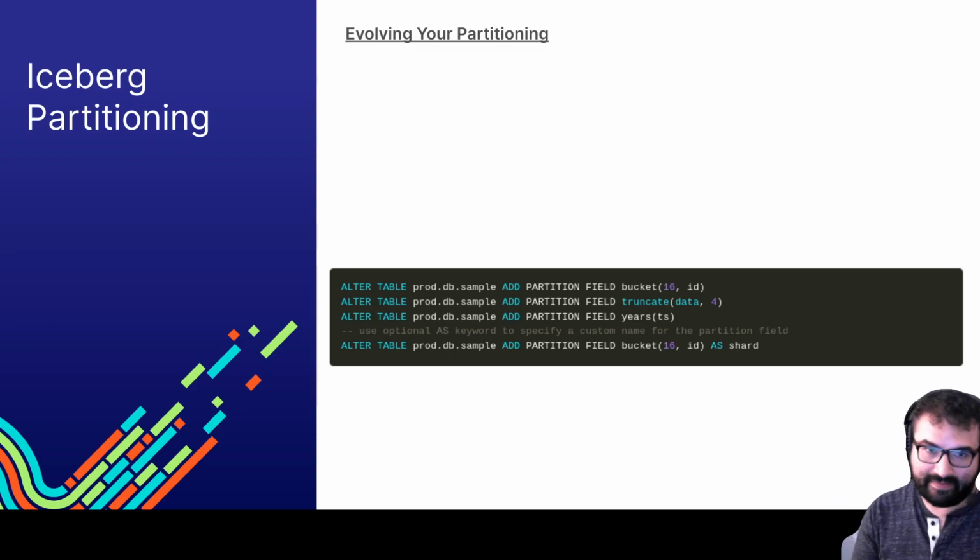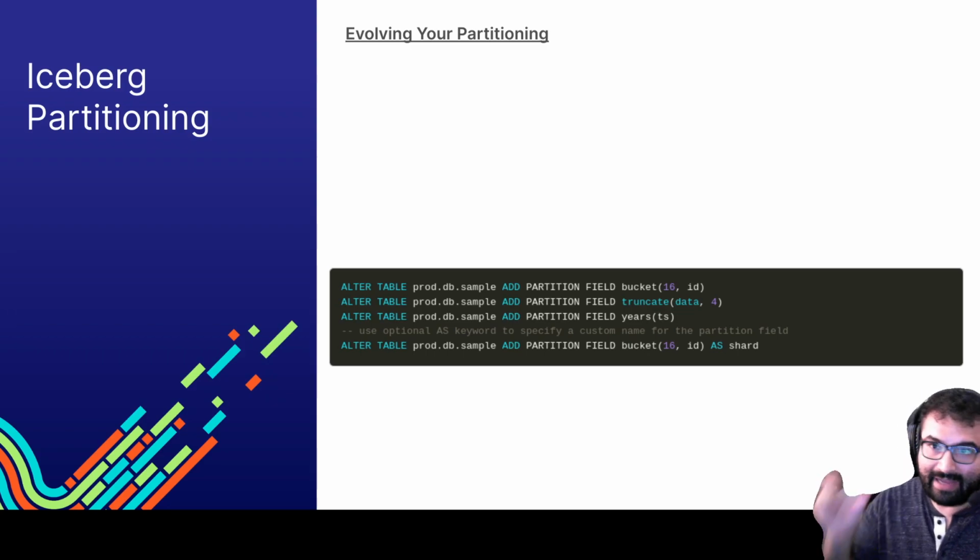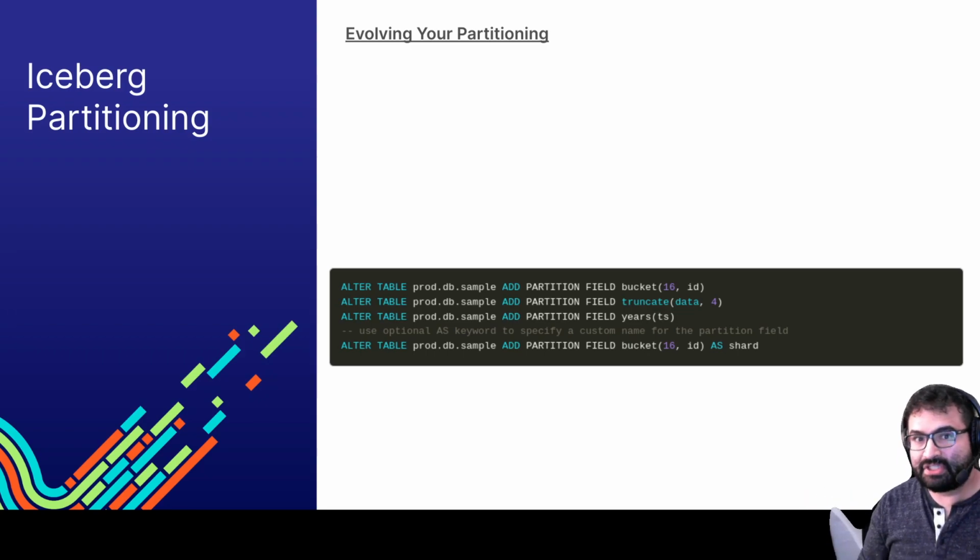In the metadata files, you're tracking ranges of partition values. So instead of tracking, let's say one file has 10,000 records, I don't have to track a partition column with 10,000 values just for partitioning purposes.